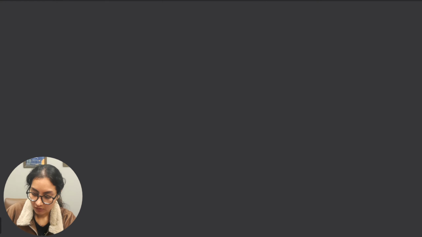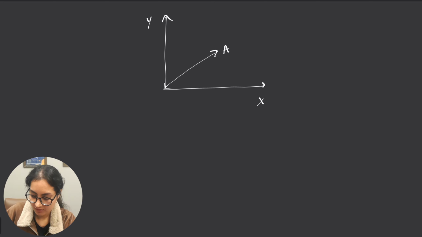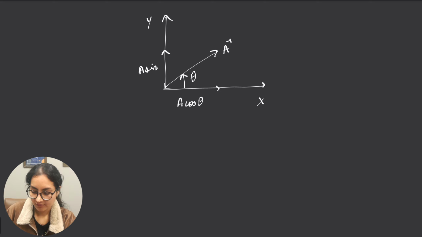So you don't really have to always form a right angle triangle. What I'm saying is, if this is a vector in 2 dimensions, my A vector, and this is angle theta, the component adjacent to angle theta will always be with cosine theta, and the opposite component will always be with sine theta.